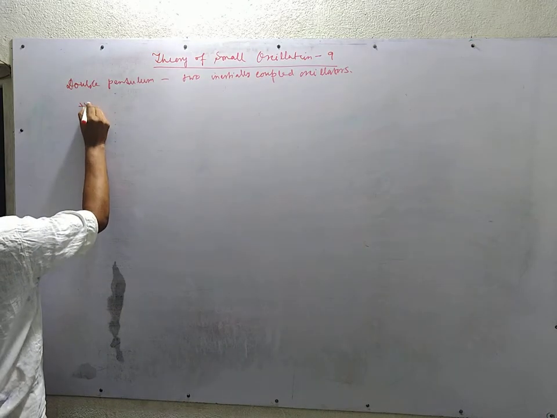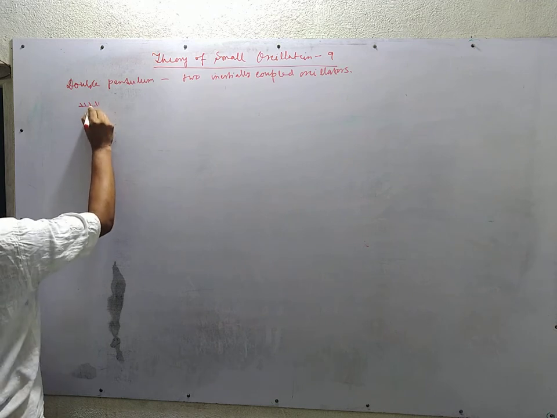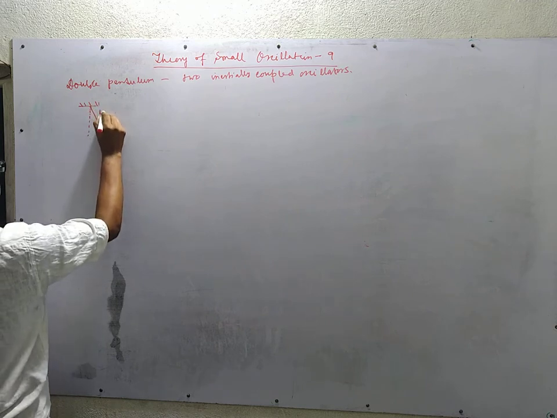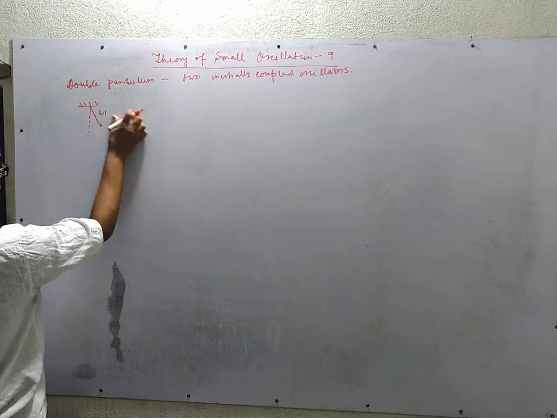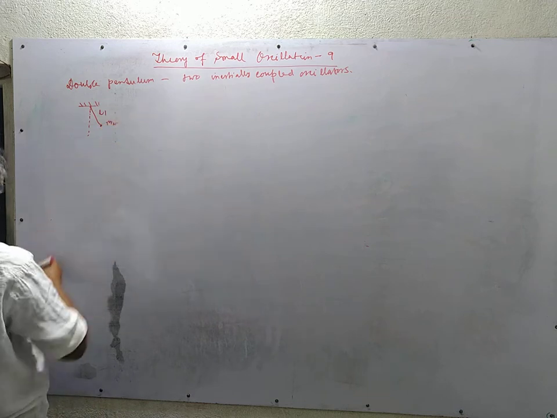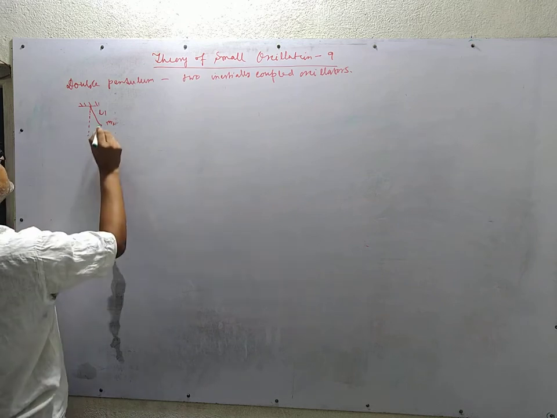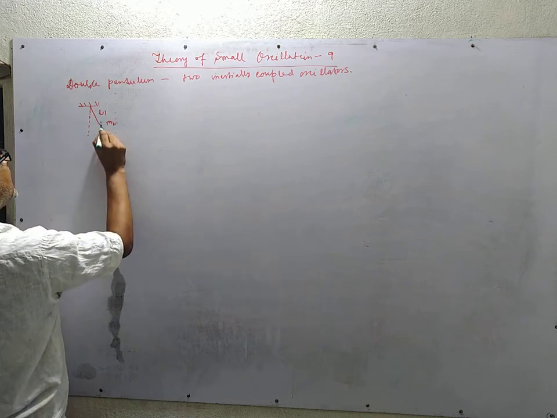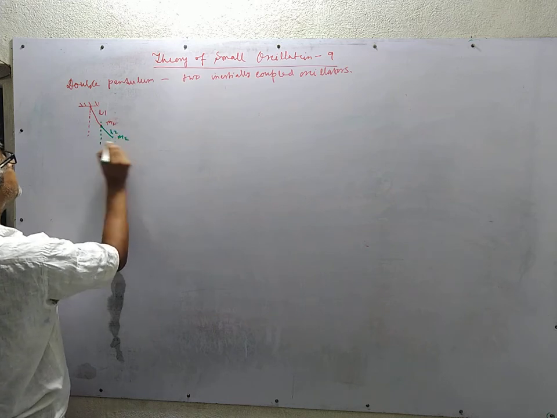The situation is like this: we have a fixed support, a string of length L1 with a bob of mass M1, and another string of length L2 with a mass M2.